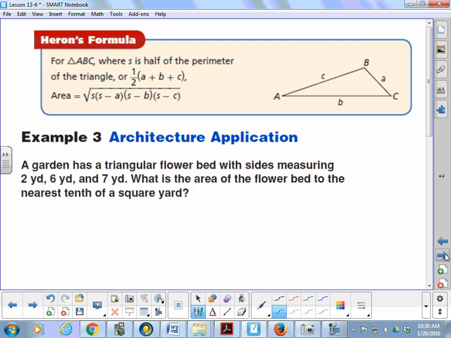finding the area of a triangle when I know all three sides. They give us a formula here called Heron's formula, but if I know all three sides, I could use the law of cosines, find one of the angles, and then use the other formula I know when I know side, angle, side to find the area. Or you can use this formula here.